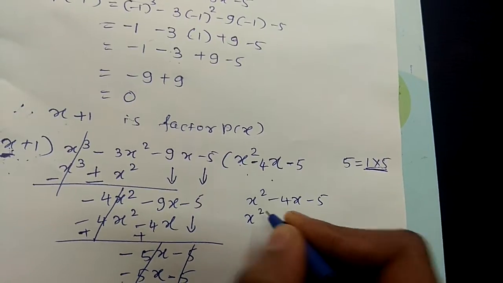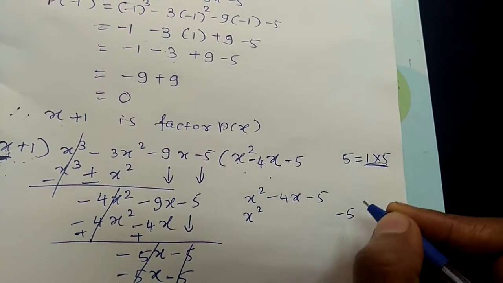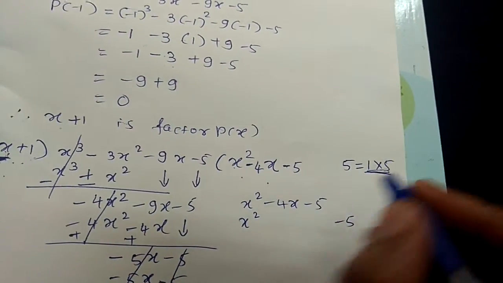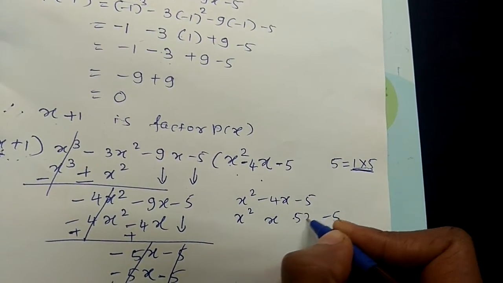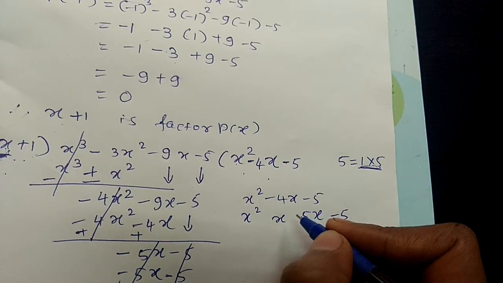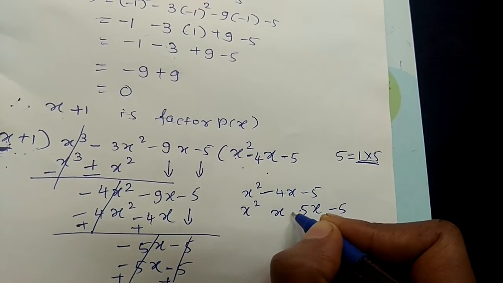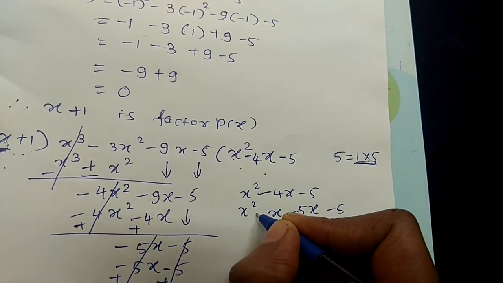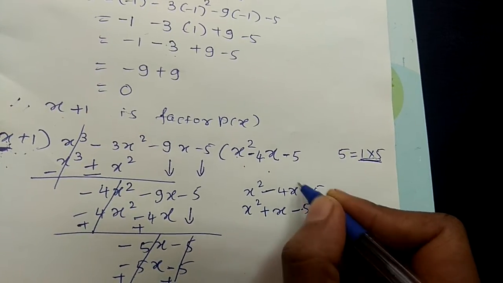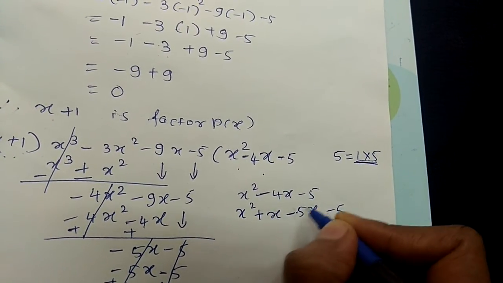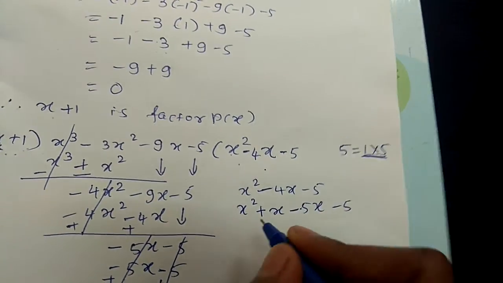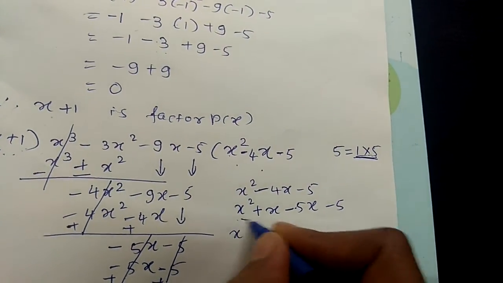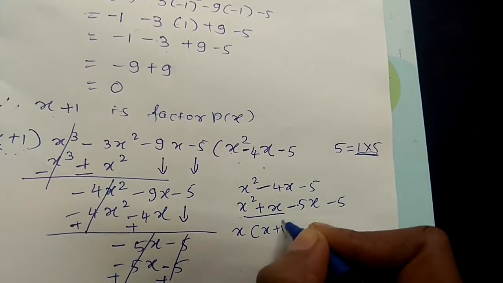First term will be as it is, last term will be as it is. Then just write the factors. 1x will be x and 5x will be 5x. As it is subtraction, the minus sign goes to the bigger digit, that is 5, and this will be plus. So it will be minus 5x plus x, which equals minus 4x. There should not be a change in value. From this, take x as common: x plus 1.